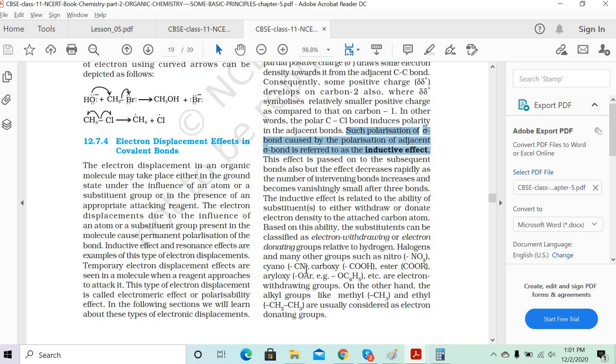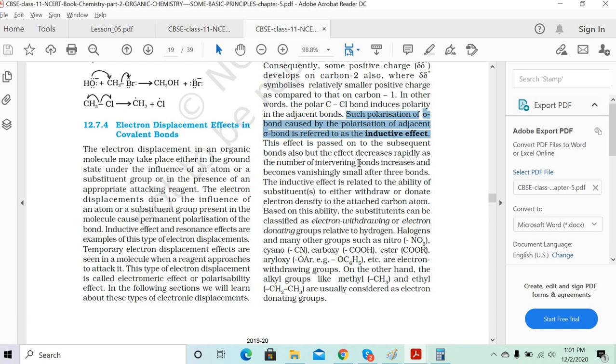Yes, sir. Clear. Now this effect is passed to the subsequent bonds, but the effect decreases rapidly as the number of intervening bonds increases and becomes vanishingly small after 3 bonds. The inductive effect is related to the ability of a substituent to either withdraw or donate electron density to the attached carbon atom.